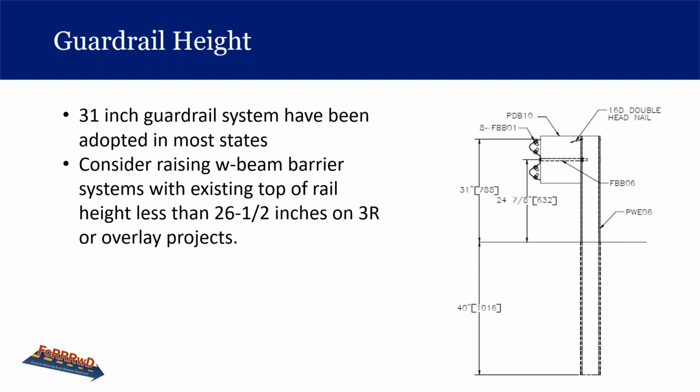That research indicated that the performance of the G4(1S) strong steel post guardrail improved when the splices were moved to mid-span. Increasing the blockout depth also improved crash test performance, as did raising the height of the rail from 27 3/4 inches to 31 inches, which reduced the embedment of the post.